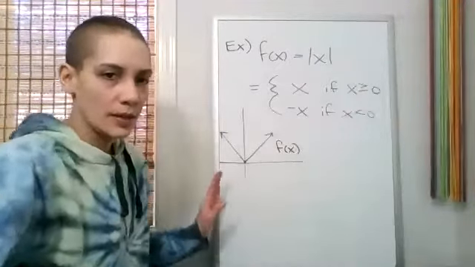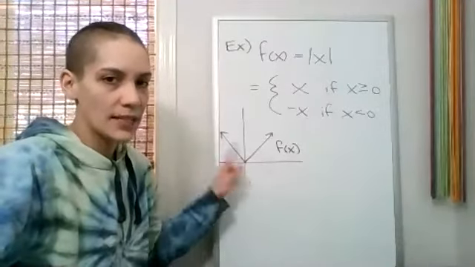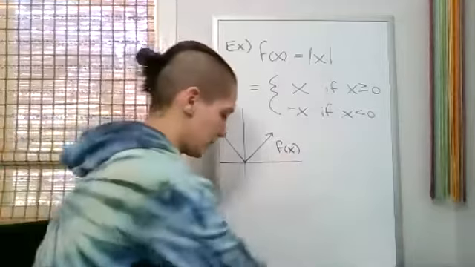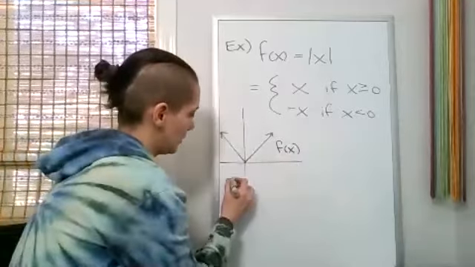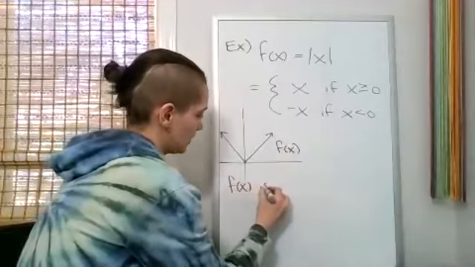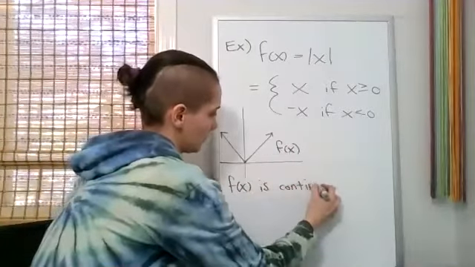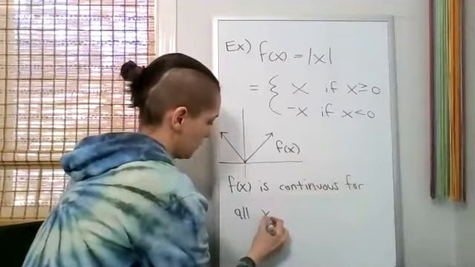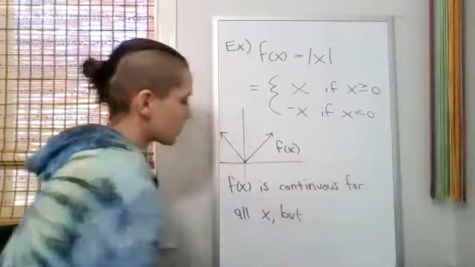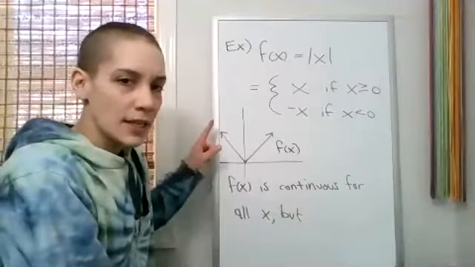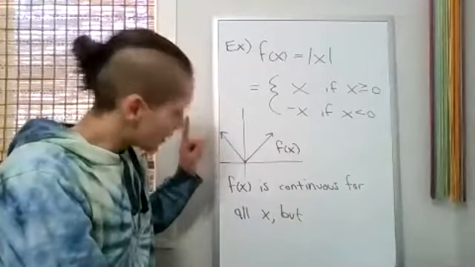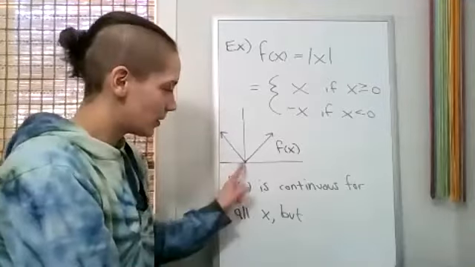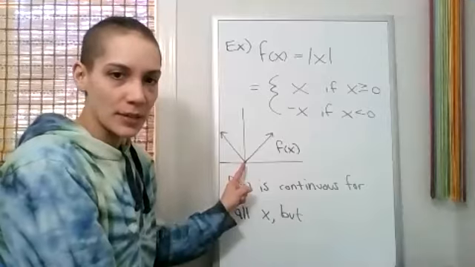I want to start off by mentioning that f of x is continuous for all values of x, but it is differentiable for all values of x except at x equals 0.